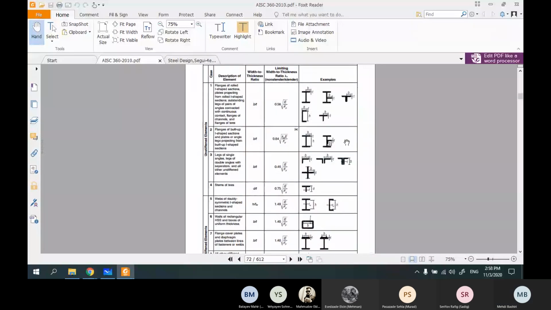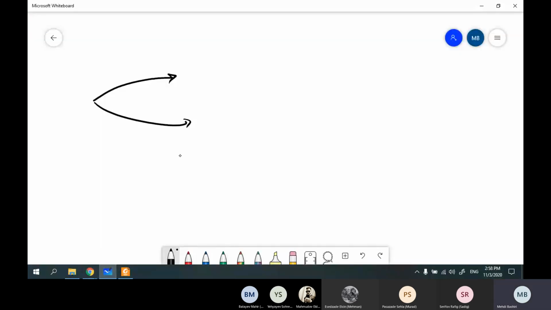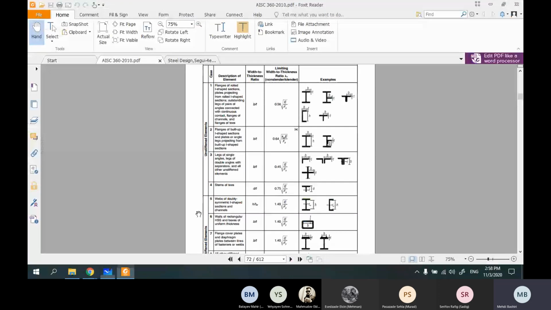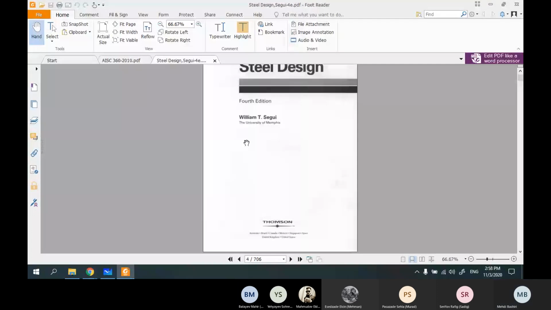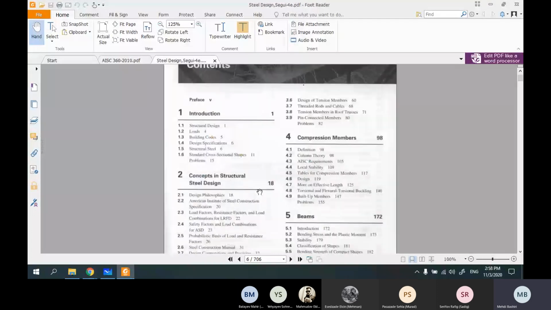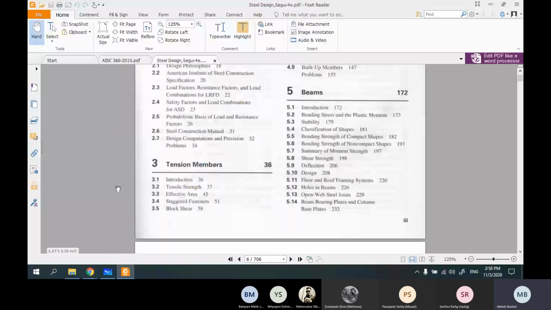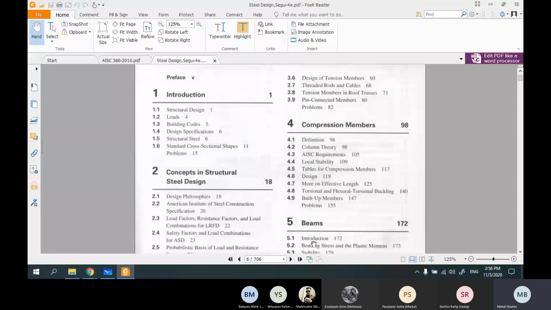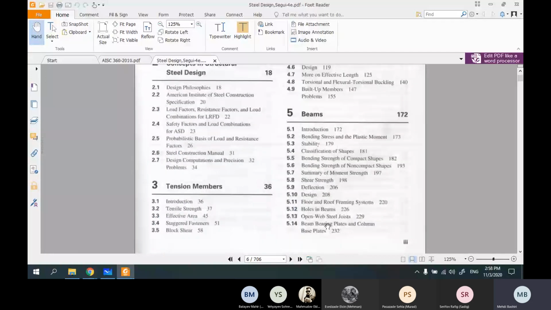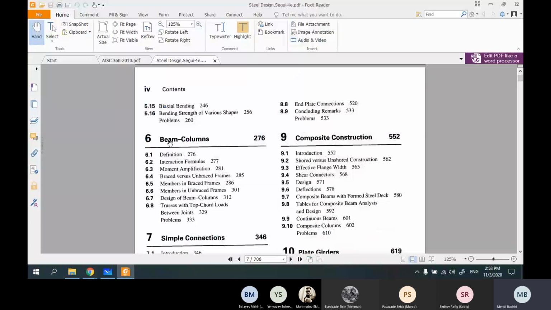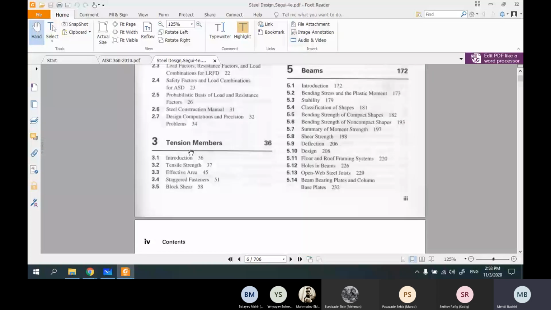The way that it works depends on the load situation. We have to pick one of the chapters of this specification or this book. Okay, here you can see the content. For example, tension members, compression members, beams or flexural members, and these are for this course, fundamental steel design.